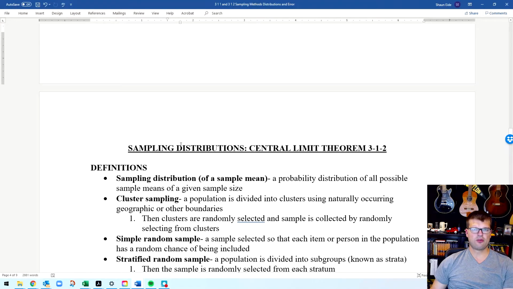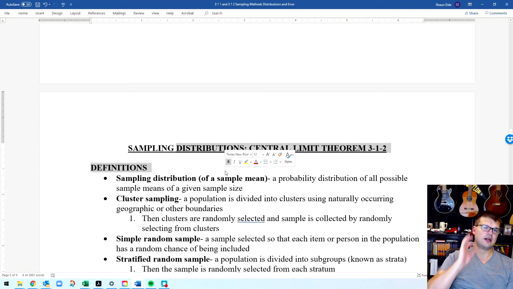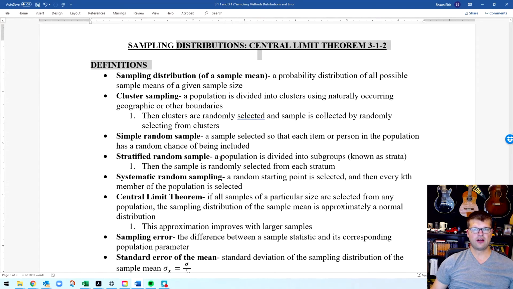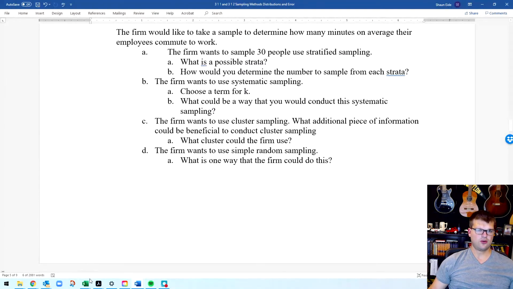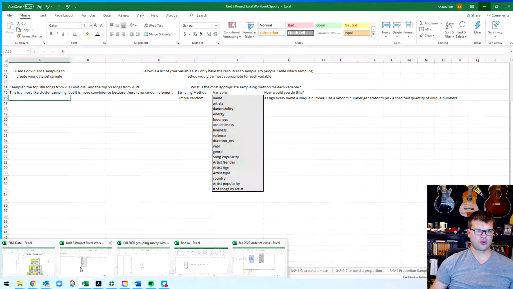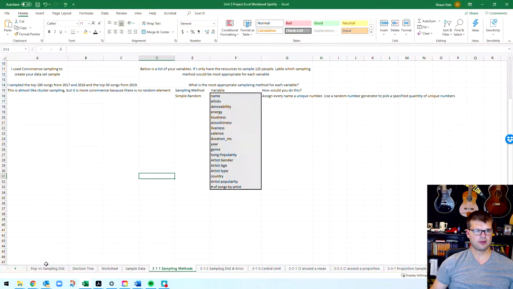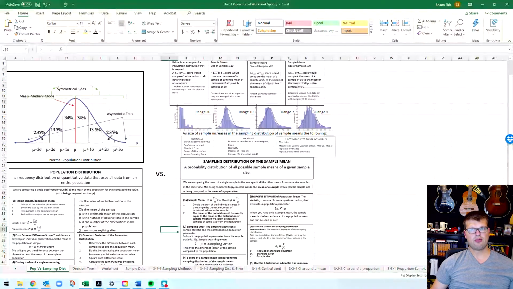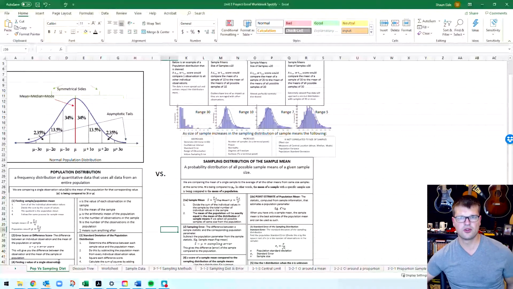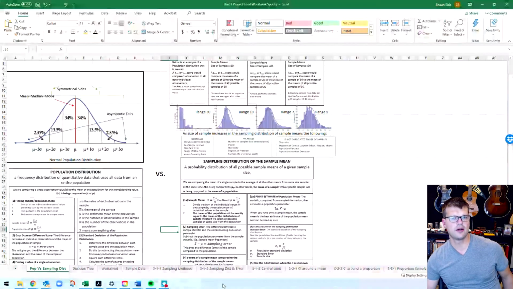And then that's going to bring you into the sampling distribution for the central limit theorem, which I'll make another video on. But I do want to show you really quickly the Unit 3 Project Excel document. So in this Unit 3 Project Excel document, I am trying really hard to give you all one Excel document for everything.